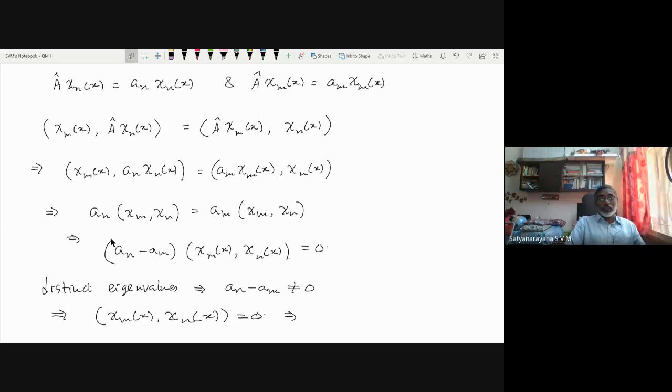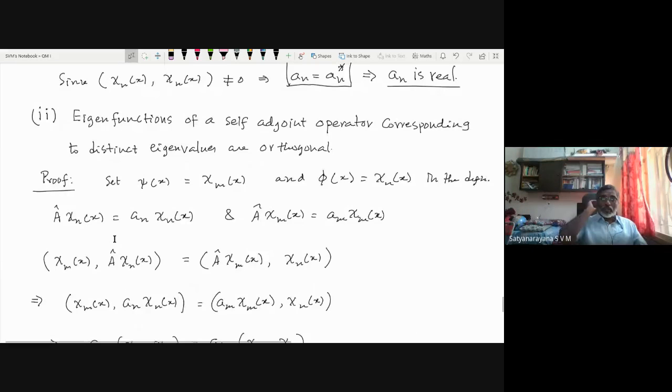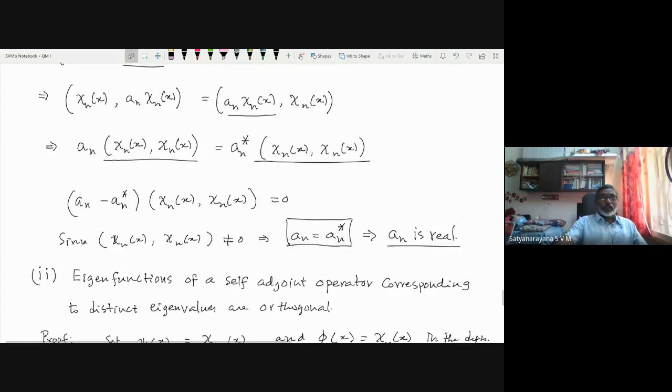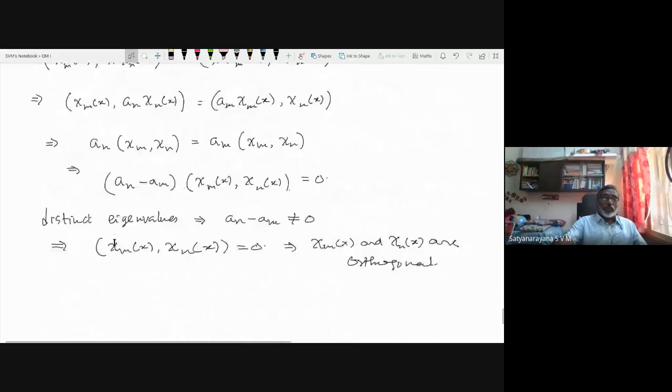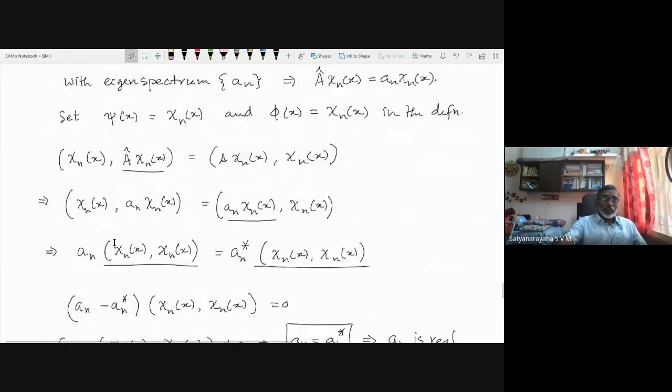That implies chi m of x and chi n of x are orthogonal. Okay, so we can see that eigenfunctions of a self-adjoint operator corresponding to distinct eigenvalues are orthogonal. So these are the two things that we have proved of a self-adjoint operator.